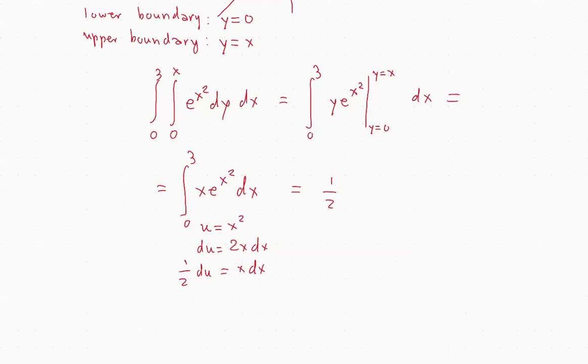And we have to remember to also apply the substitution on the limits of integration, meaning we take 0 squared, which is 0, and 3 squared, which is 9. And now we perform our integration.